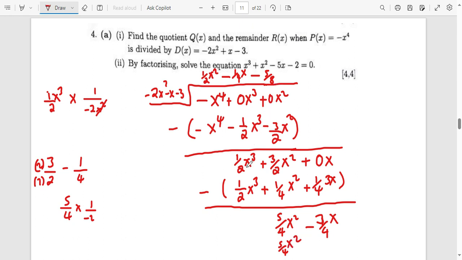Negative 5 over 8 multiplied by the negative x, that will be positive 5 over 8x. And then now the last one, negative 5 over 8 multiplied by negative 3, that is going to be positive 5 by 3 is 15 over 8.